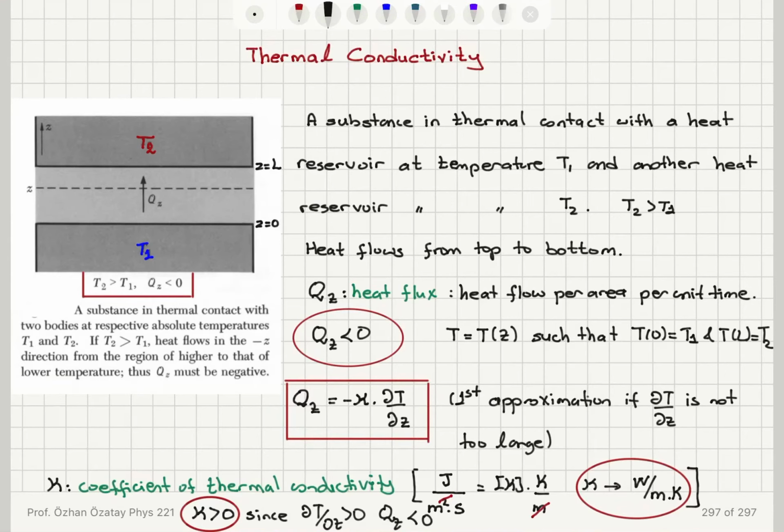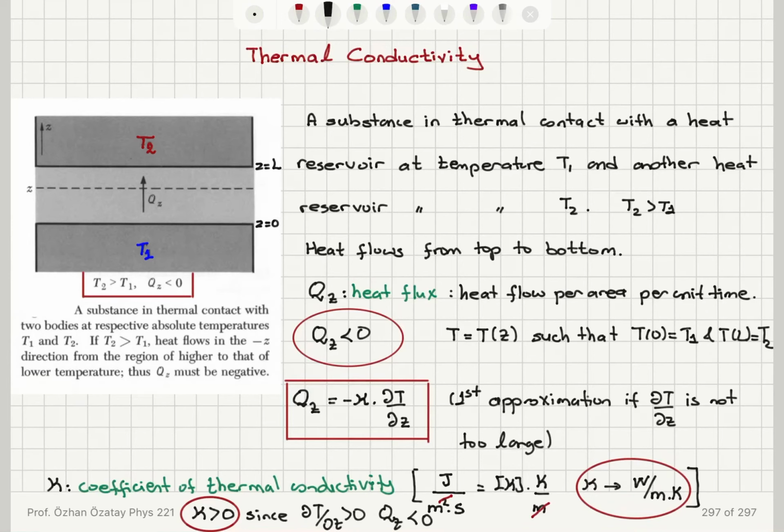So when we have a substance in thermal contact with a heat reservoir at a cold temperature T1 and another heat reservoir at a high temperature T2, when T2 is greater than T1, heat always flows from top to bottom.